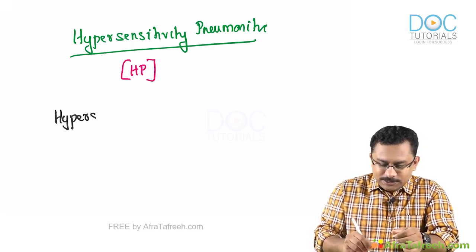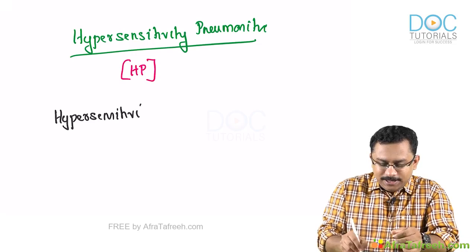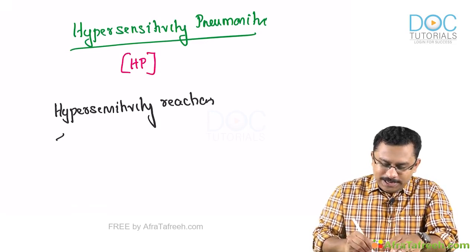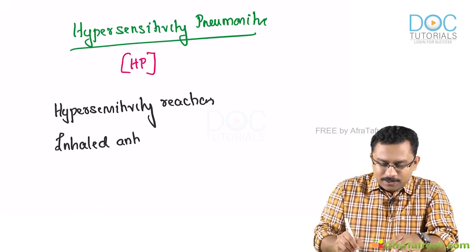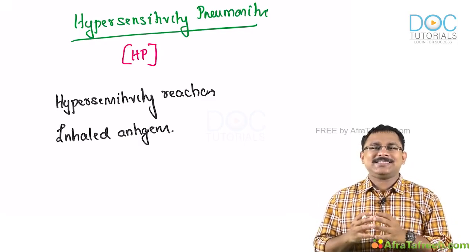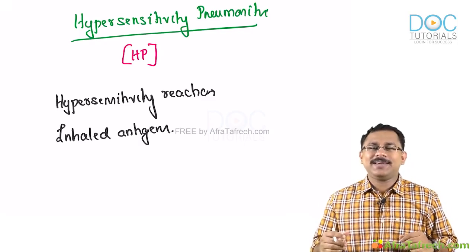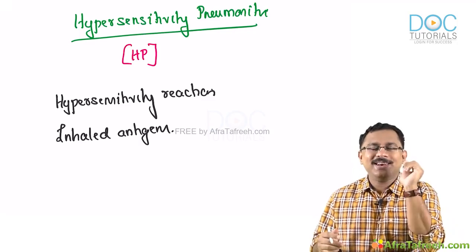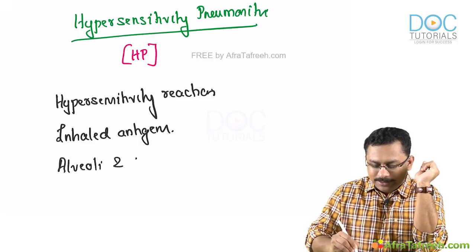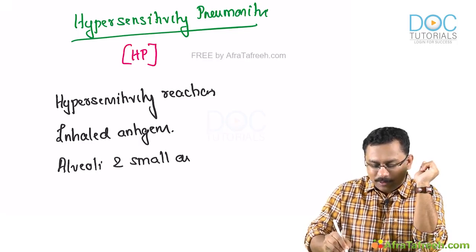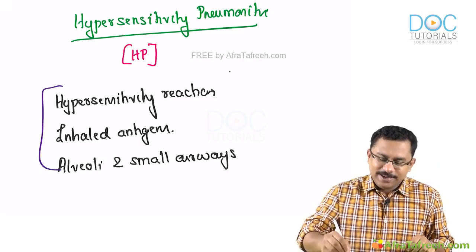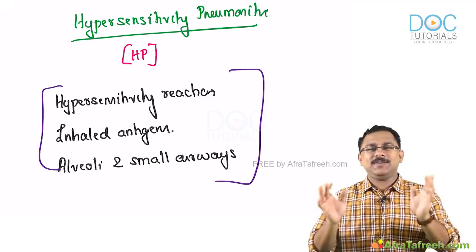So it is a hypersensitivity reaction to inhaled antigens, and this hypersensitivity reaction triggers an inflammatory response that is predominantly involving your alveoli and small airways. So that is basically your hypersensitivity pneumonitis.